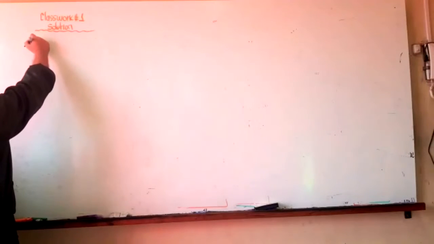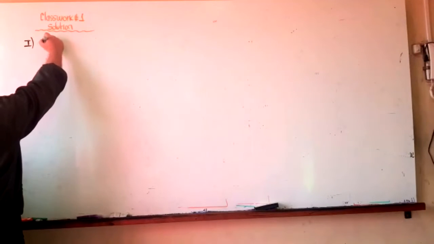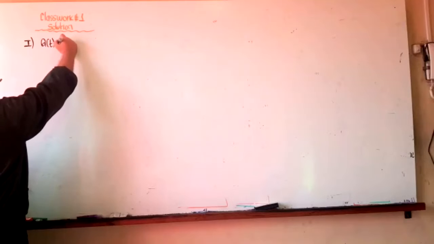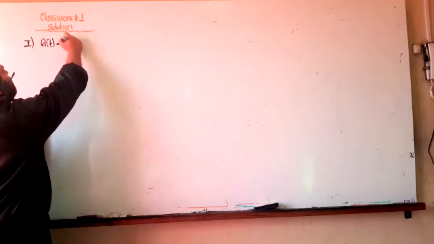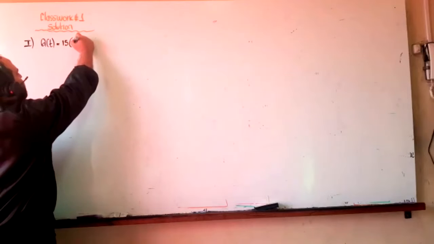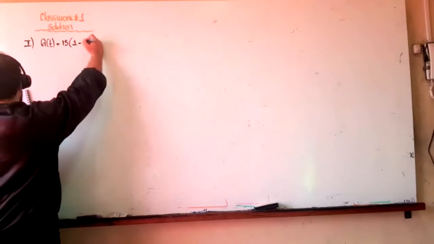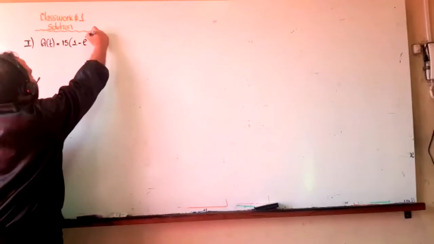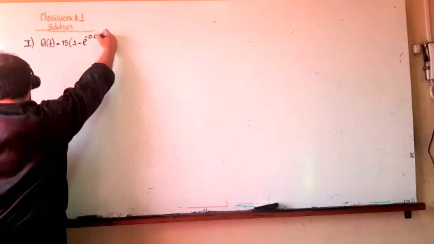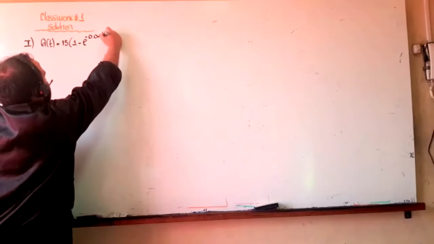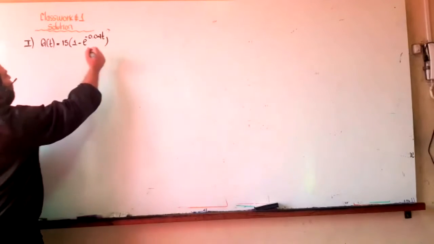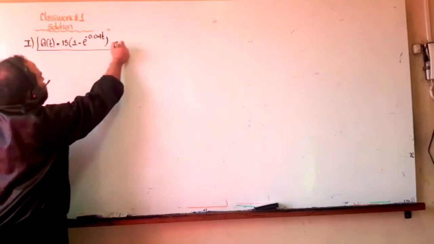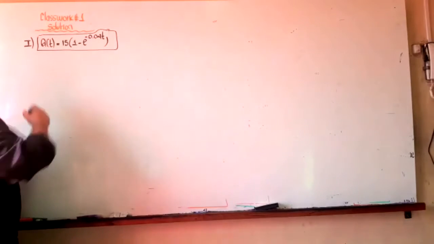In problem number 1, we have the function Q(t) equals 15(1 minus e to the negative 0.04t). This is the given function in the first problem.